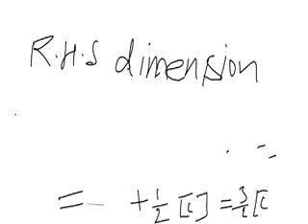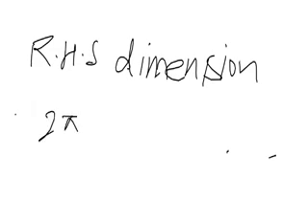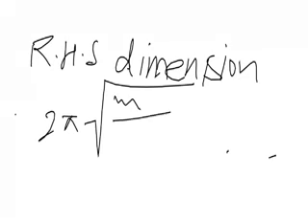So now I'm going to calculate it. You just have a watch over here. 2 pi, it is root under m by f upon x, right?